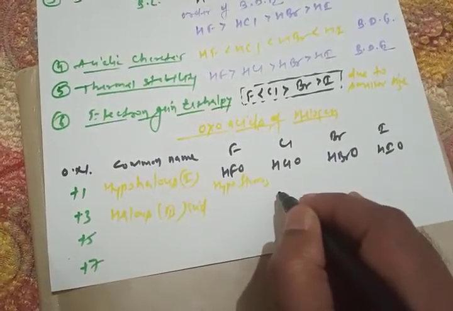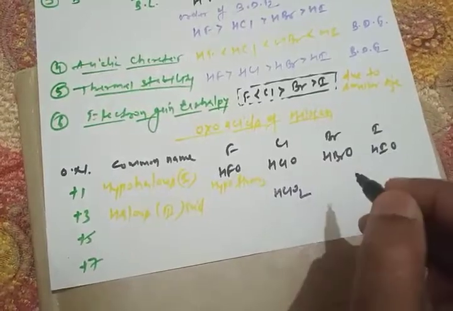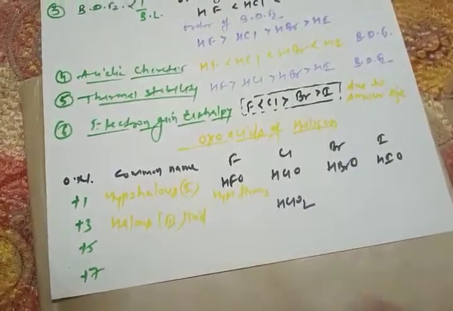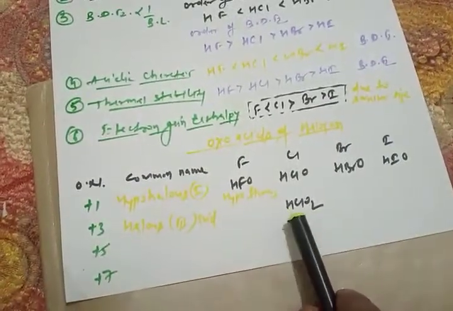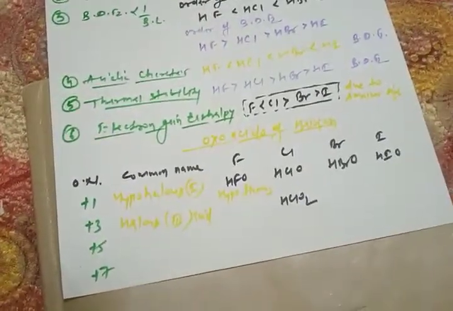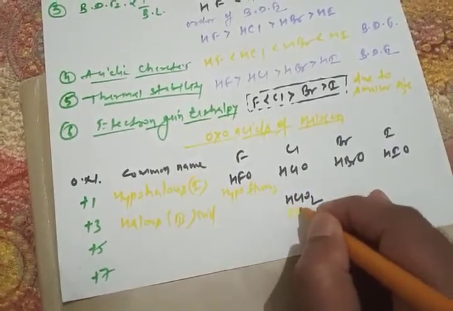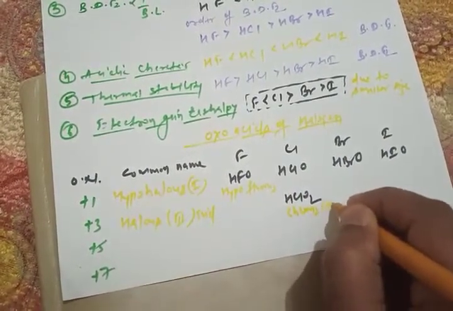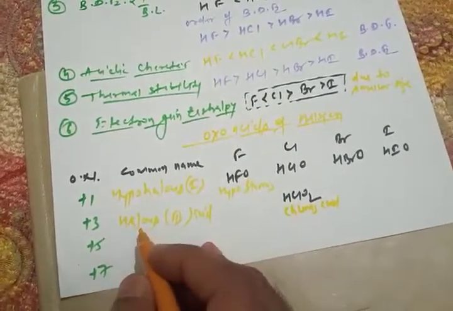In the case of chlorine we have HClO2, and no other example will form. So in this case, what will be the name? It is chlorous acid.